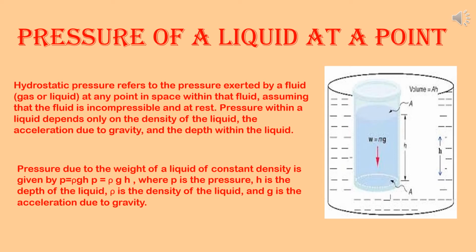Weight of the liquid column is equal to A into h into rho into g, where g is the acceleration due to gravity, which is equal to F, the force acting at P. So pressure P is equal to F by A. If I put the value of F, it will come P is equal to A into h into rho into g divided by A. So after reducing, it will come P is equal to h into rho into g.